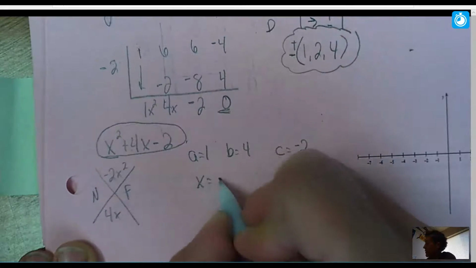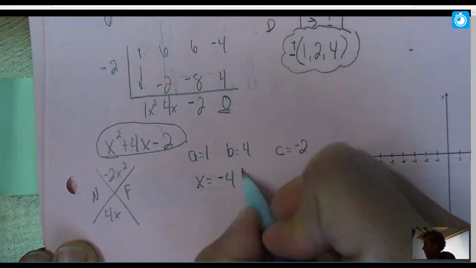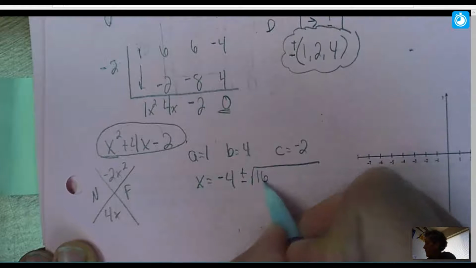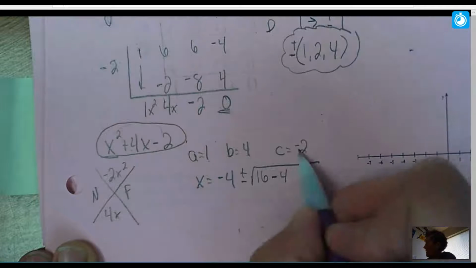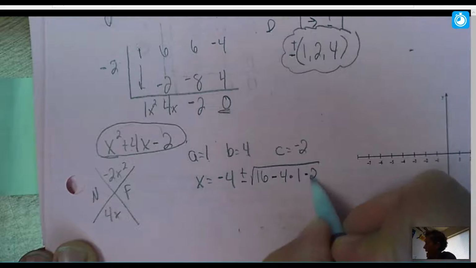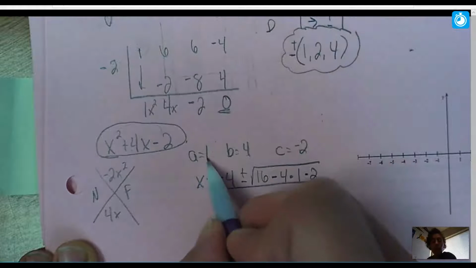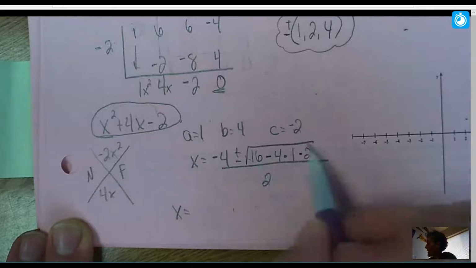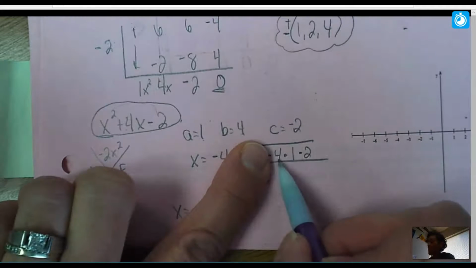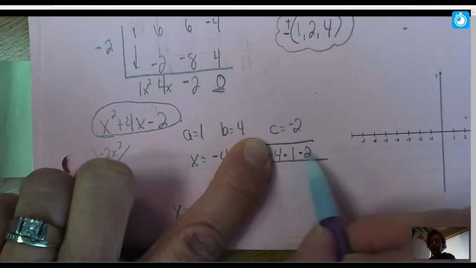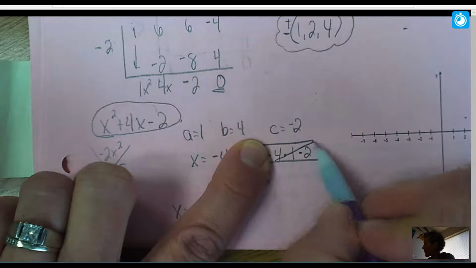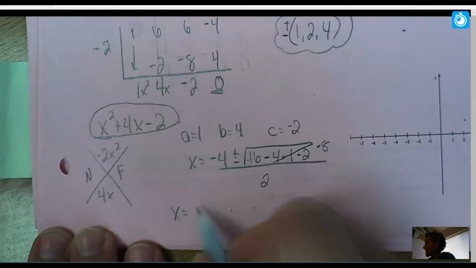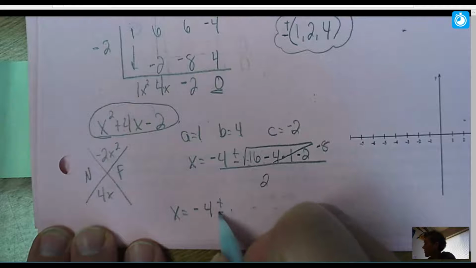So it goes x equals opposite of B, plus or minus a big square root. I'm going to square this number, B squared, minus 4 times A and C. And then all of that is over 2 times A, so 2. And then from there, what I do is I go inside here, and order of operations would say I multiply first, so that gives me -8. And then 16 take away -8 is actually 24.